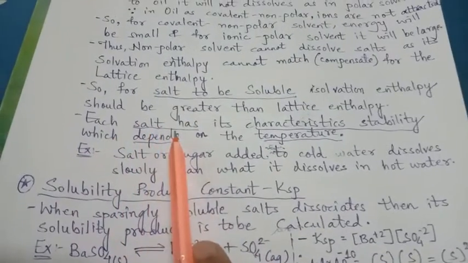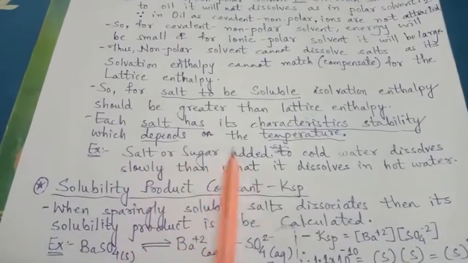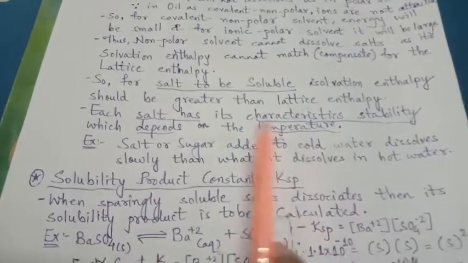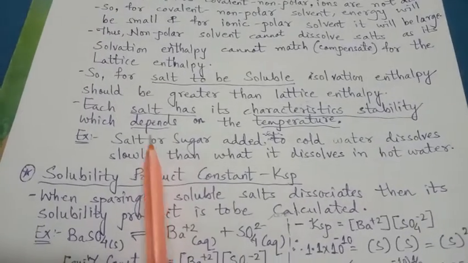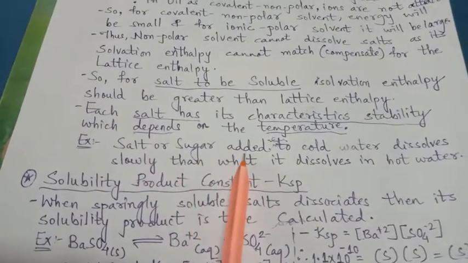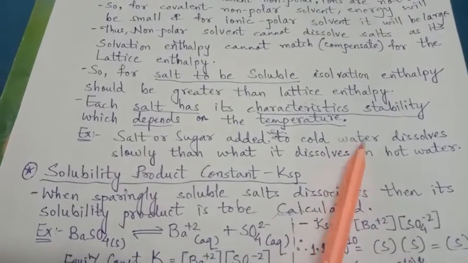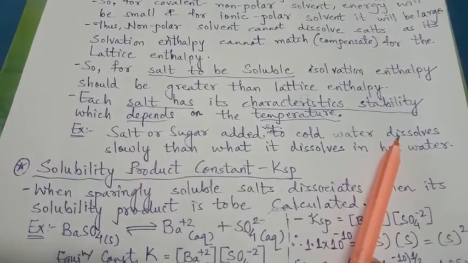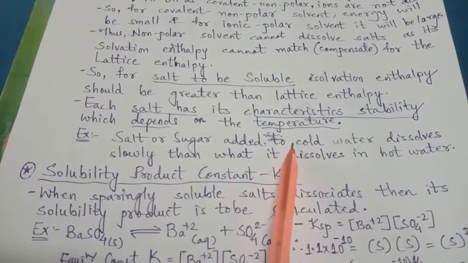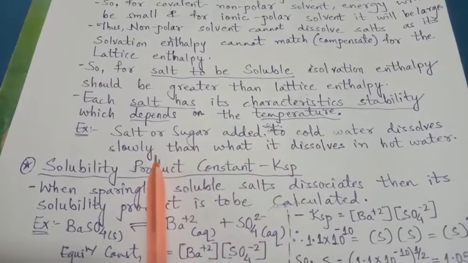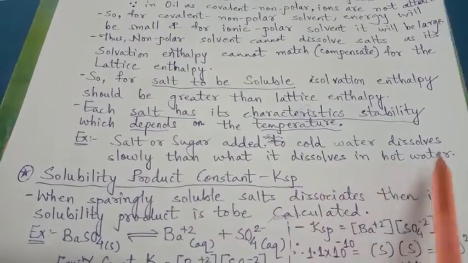Each salt has its characteristic stability, which depends on the temperature. Here I would like to add an example which is common for all of us. Salt or sugar, when added to cold water, or normal tap water, dissolves. But the rate of dissolving in cold tap water is very slow compared to hot water.